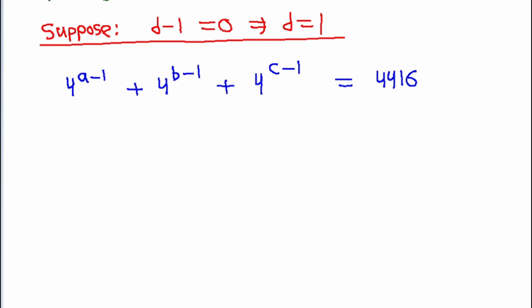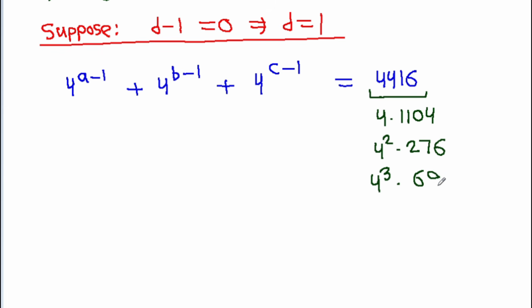And now 4,416 is 4 times 1,104, and it is 4 squared times 276, and 4 cubed times 69.